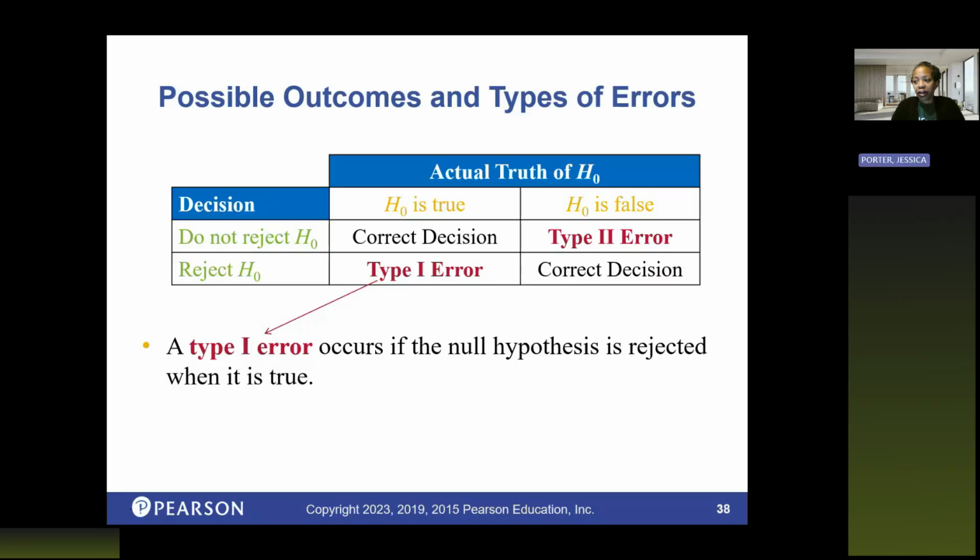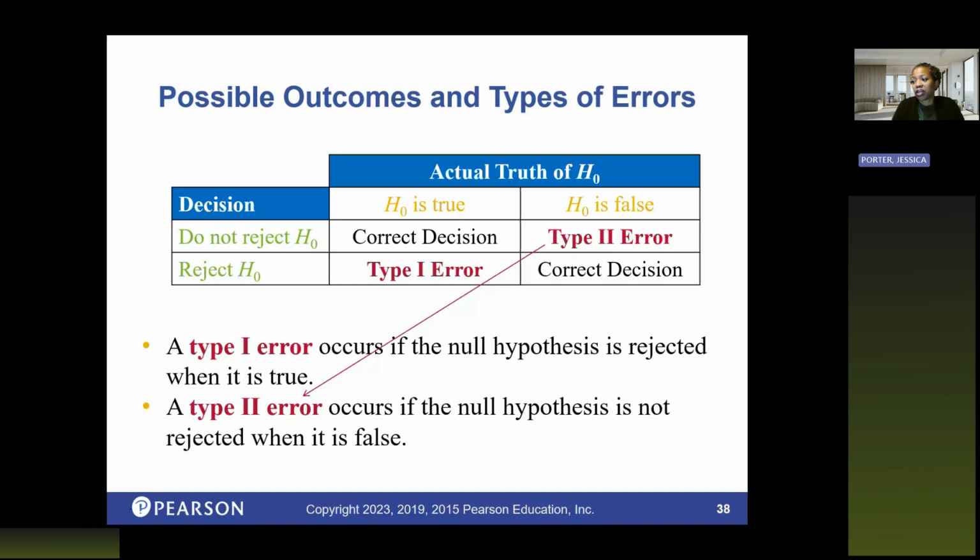A type 1 error happens if the null hypothesis is rejected and it's actually true. The null hypothesis is rejected, but it's actually true. A type 2 error occurs if the null hypothesis is not rejected when it is false.